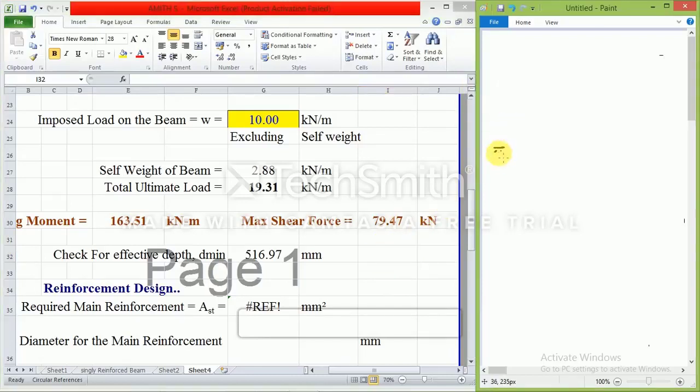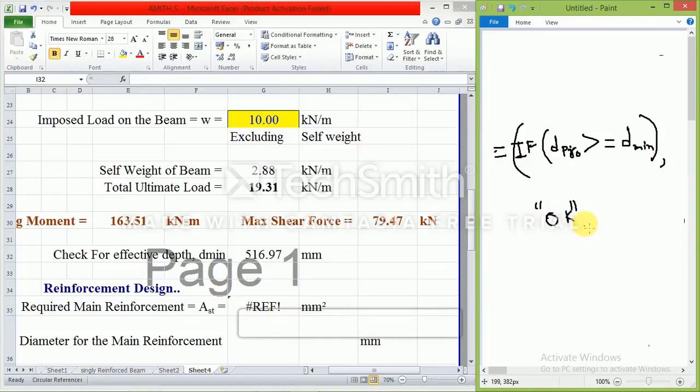Equals IF, D provided should be greater than or equal to D minimum. Close the bracket. I'll open one more bracket here. If this condition is satisfied, then comma, it should be okay.